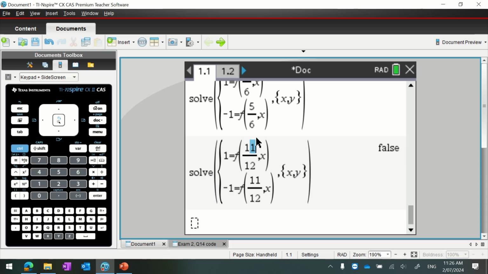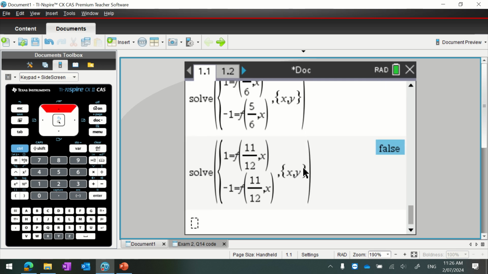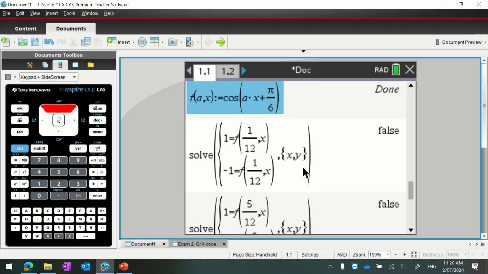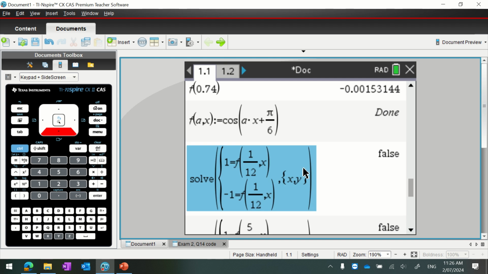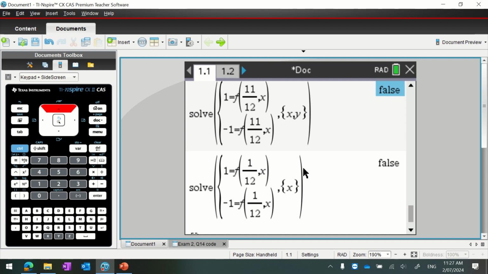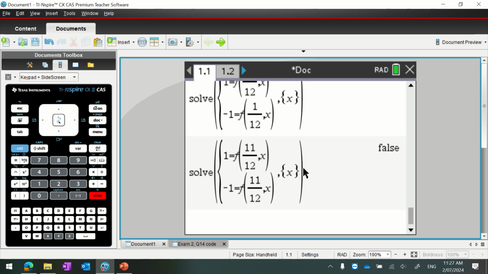That didn't work either. What did I do before? No, there is no y value. That's why I didn't type it. I didn't type it correctly.